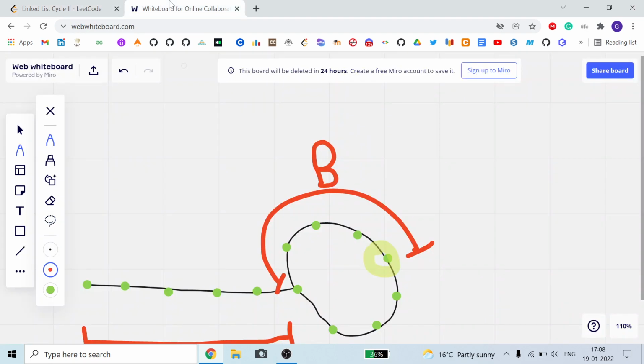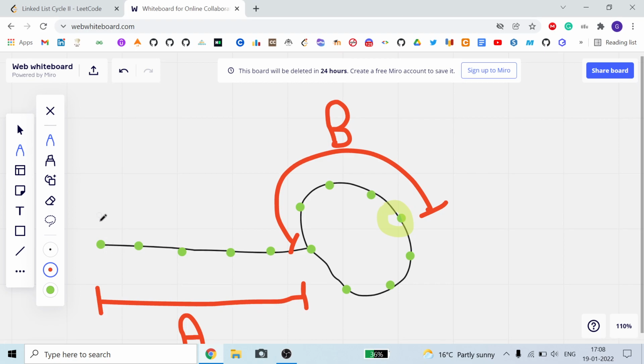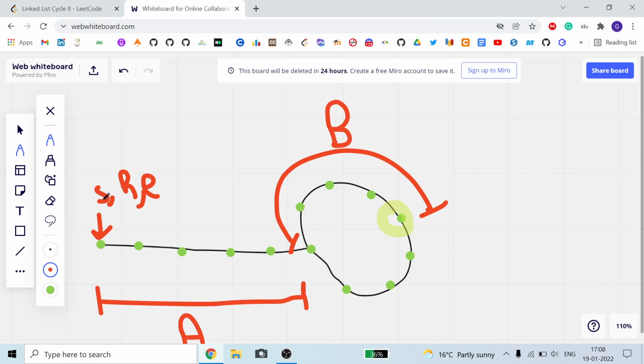Let me explain with this figure. In the starting, our slow, fast and entry pointers point to the head. Then we move each pointer by 1 and fast by 2.